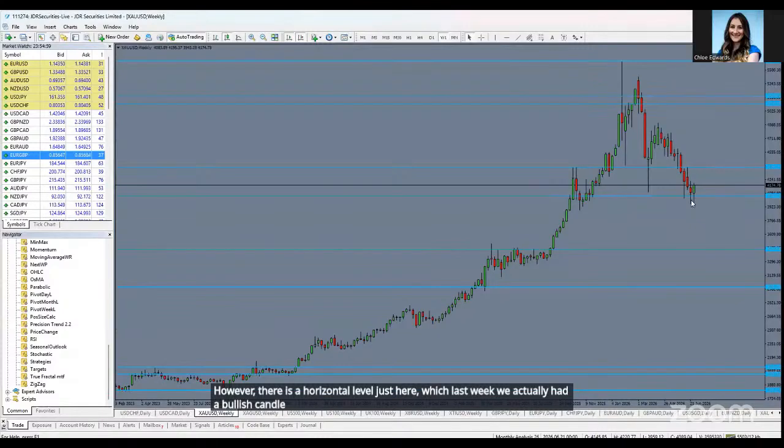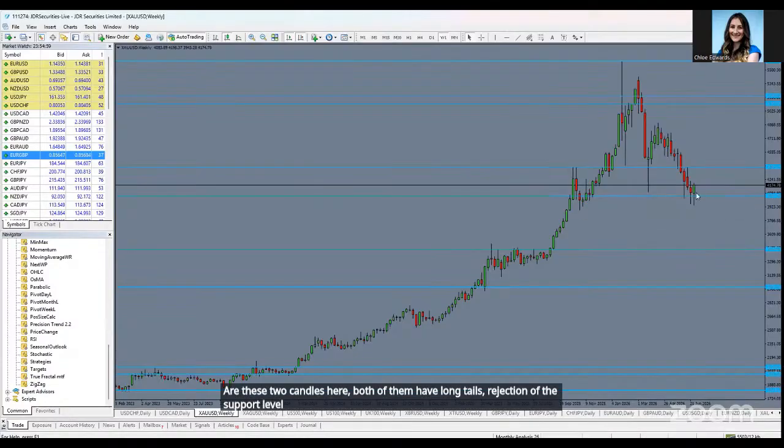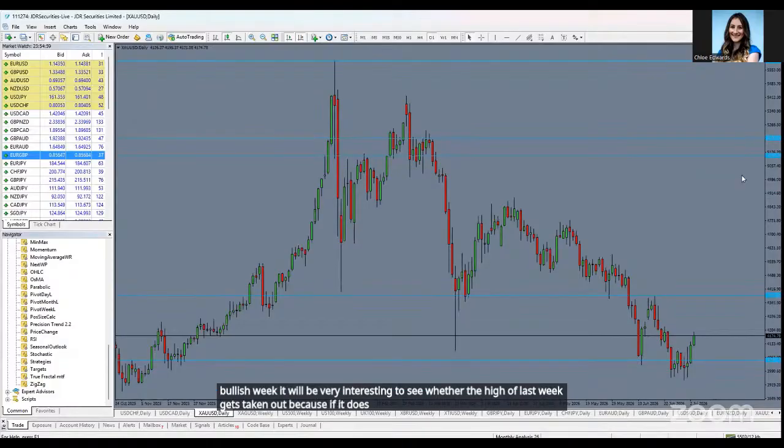These two candles here both have long tails, rejection of the support level. The support level has managed to hold up price. Last week was a bullish week. It will be very interesting to see whether the high of last week gets taken out, because if it does, that will be a bullish sign.